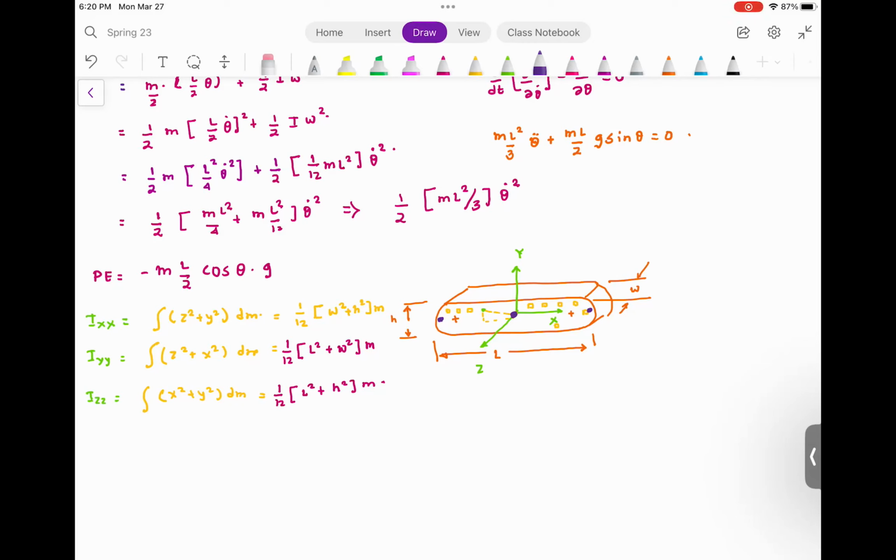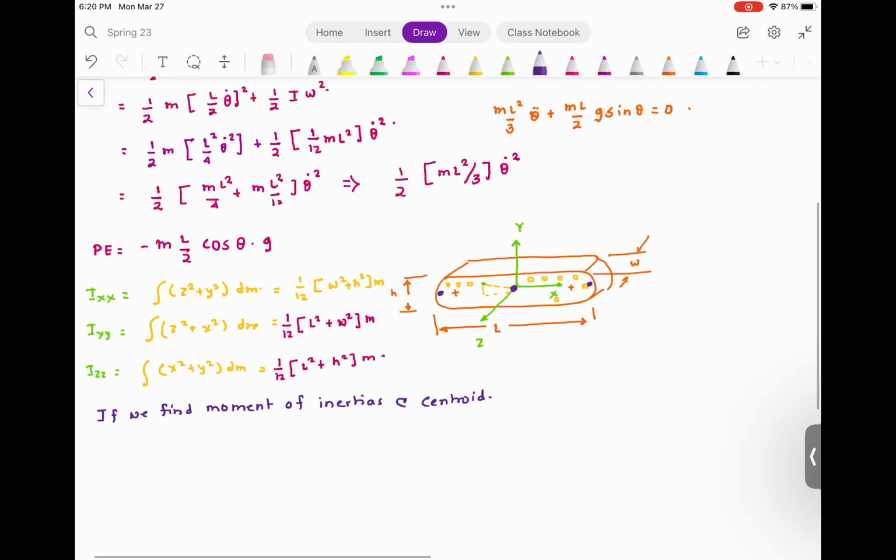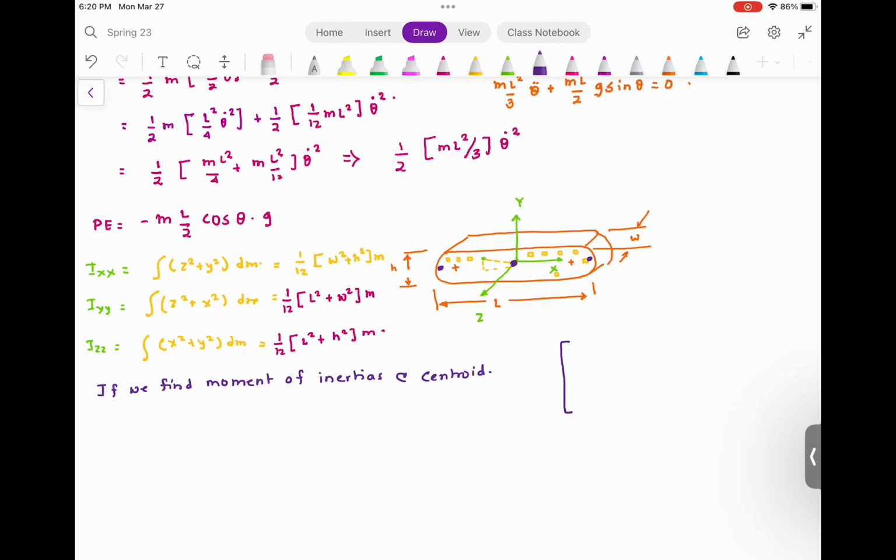One thing I want you to understand is if we find the moment of inertia about the centroid, then if you look at the moment of inertia matrix, there are actually 9 terms.